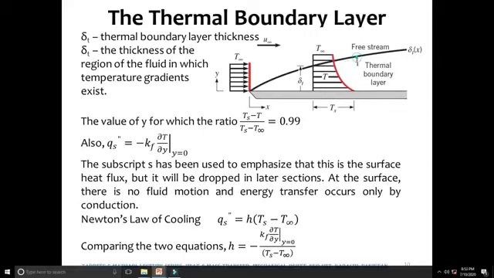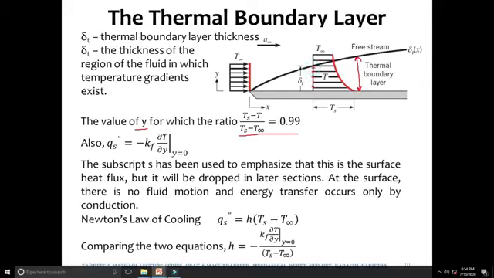So this is that region where the effects of the temperature of the surface are being felt, and that is why this region would be termed as thermal boundary layer. Thermal boundary layer thickness is given as that value of y for which this ratio is 99%. Here Ts is the temperature of the surface of this object, T infinity is the free stream temperature of the fluid, and T is the temperature along y.